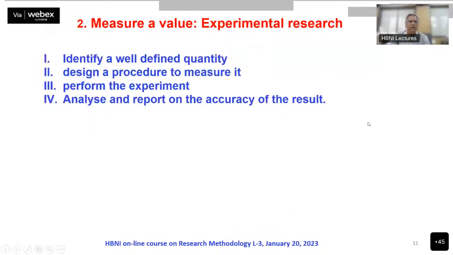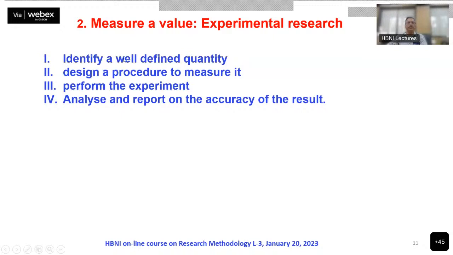So this was about the research methods. You can have different research methods depending upon your type of research. You can employ different research methods to test the hypothesis in your work. The second type of research is a measurement of a value. So you have basically the experimental research because you are having some instrument by which you are measuring an experimental quantity.